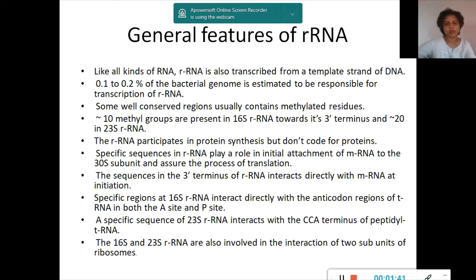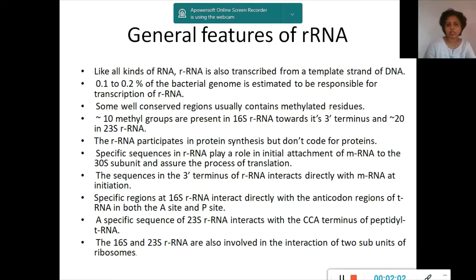So coming to the general features of ribosomal RNA, like all kinds of RNA, ribosomal RNA is also transcribed from a template strand of DNA. About 0.1 to 0.2% of the bacterial genome is estimated to be responsible for the transcription of this ribosomal RNA.